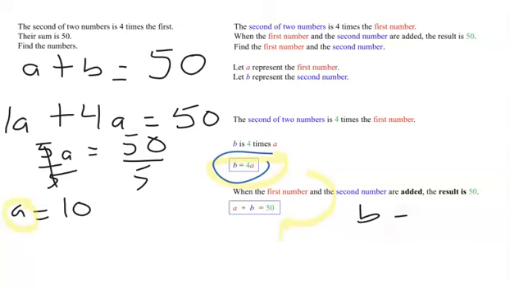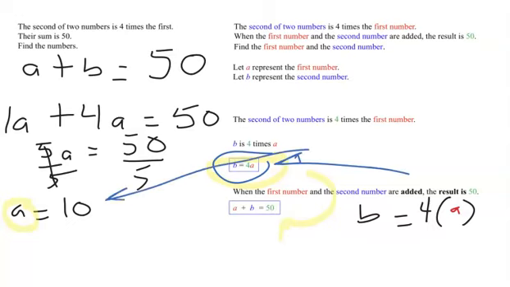Write it down here: B equals 4, but I'm going to put the A in parentheses, 4 times A. Now what I'm going to do is replace that A, and I'm going to get it from right here. I'm going to replace that A with a 10. So B is going to be equal to 4 times 10. Of course, 4 times 10 is 40. So B is equal to 40.